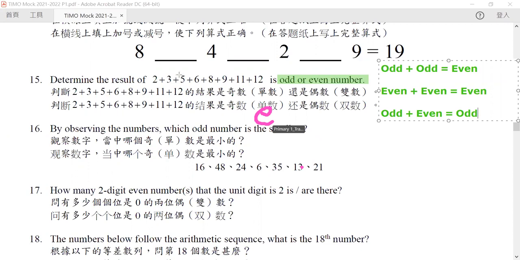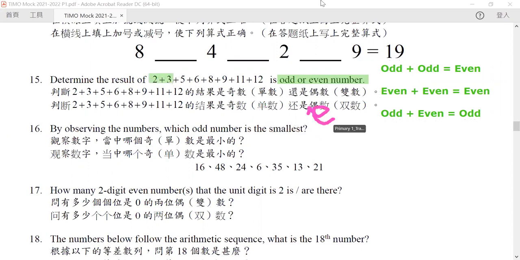Okay, so first of all, for 2 and 3, 2 is an even number, 3 is an odd number, and hence the sum of this is an odd number. Now, because it will be added to another odd number, odd plus odd, now it becomes even.